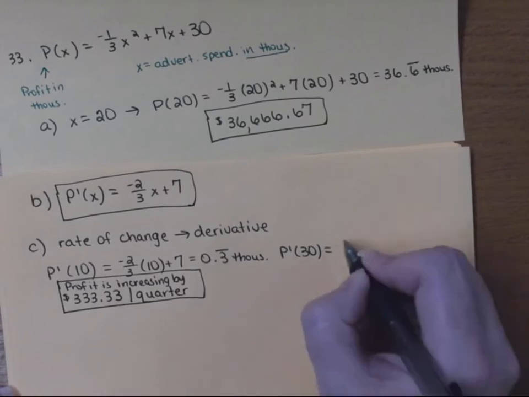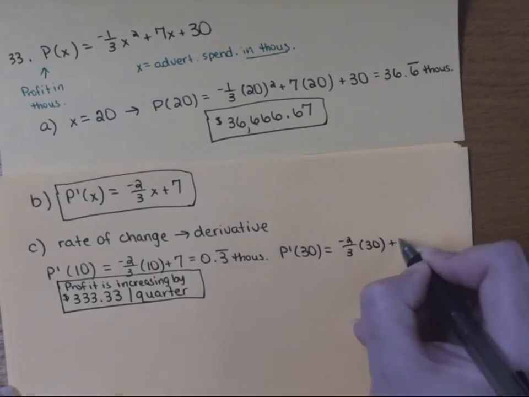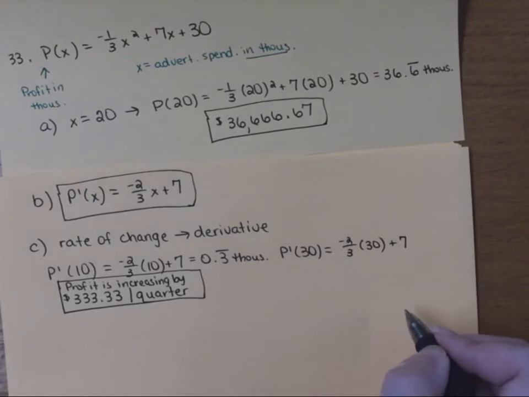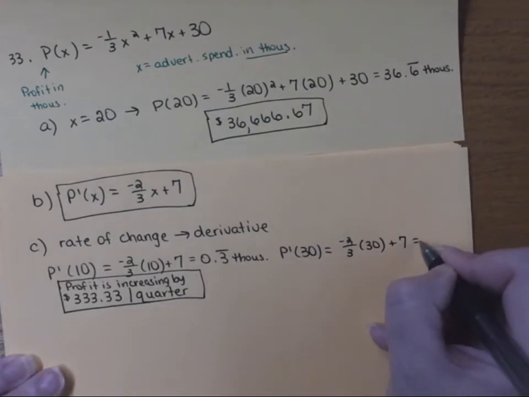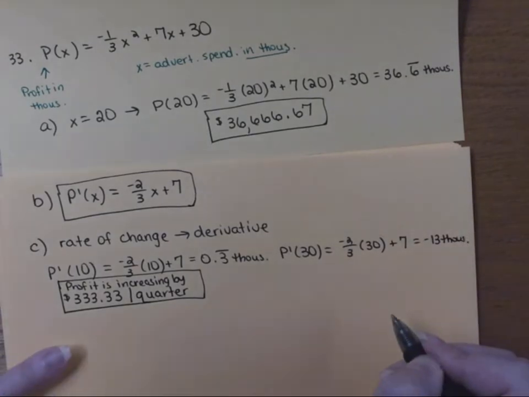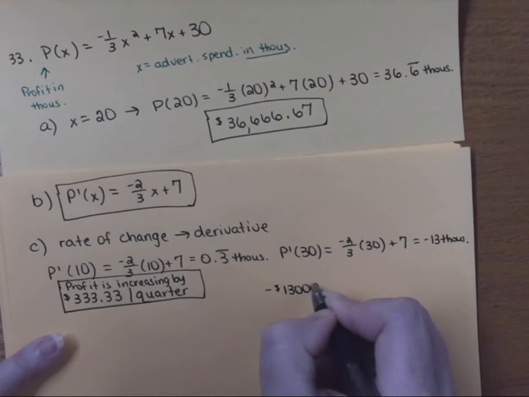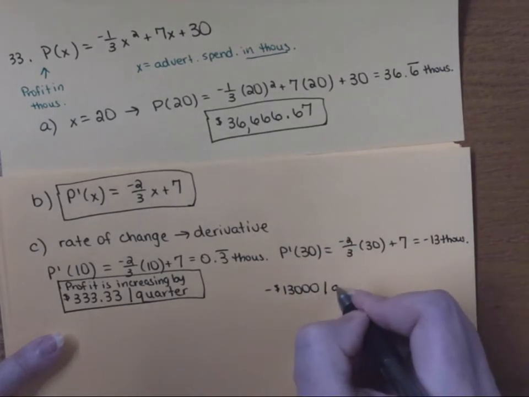Okay, so now let's see what happens if we up our game and we spend $30,000 on advertising. Notice if you do that, you get negative 13. So that's probably not where you want to be if you're the business owner, right? So we are losing $13,000 per quarter.